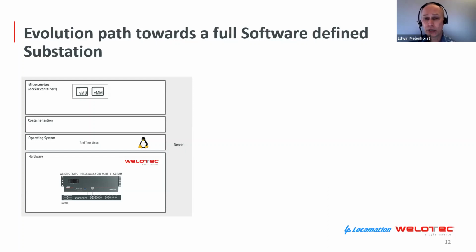Initially, a TSO or DSO can install some configureless sensors and the VMU with a measurement application, and they are ready to go. But in the future, they might want to extend the substation with new functionality because the substation server running the VMU is already in place. Adding new virtual functions will be possible without adding any new hardware. This is the true strength of the software-defined substation.